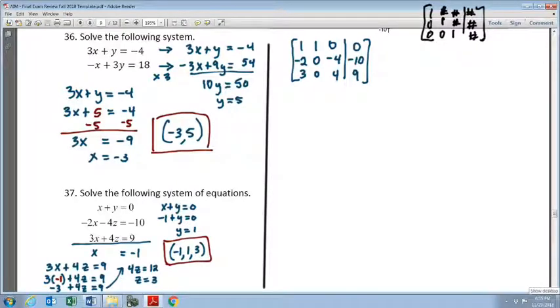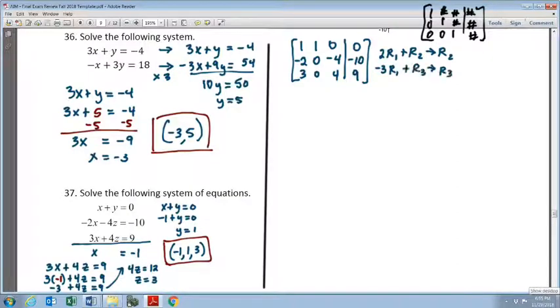So first of all, I already have the 1 that I need right here. And so I just need to get 0s below the 1s. So I'm going to multiply 2 times row 1 and add that to row 2, and that way I'll get 0. That's going to become our new row 2 when we do that.